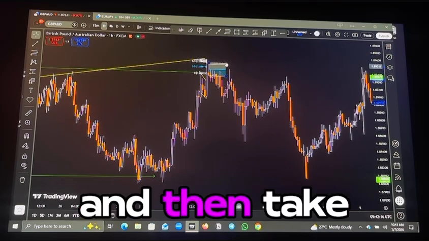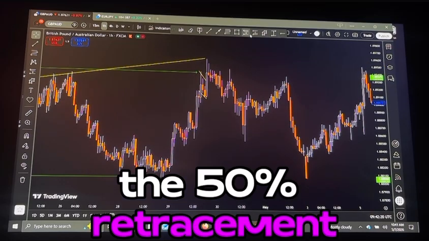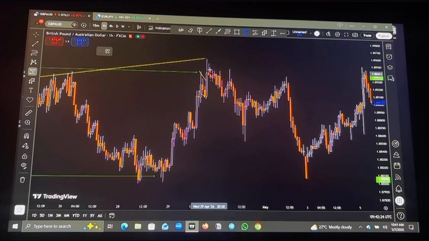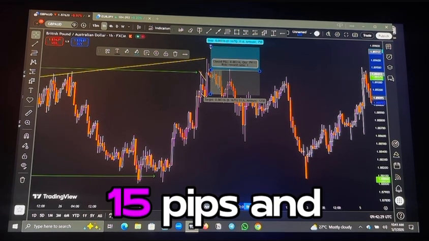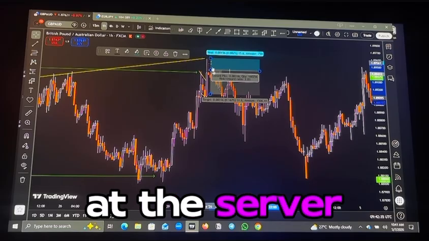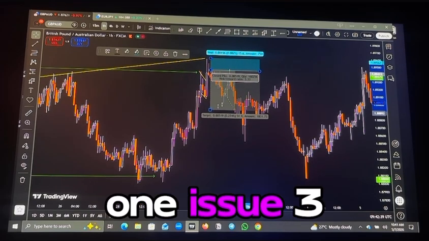Let me delete this and then take our entry from the 50% retracement candle. You take your short around here, right? Your stop loss should be around 15 pips and above, not below. You can see it. 12, 15 to be on the safer side, and then the target 1:3.